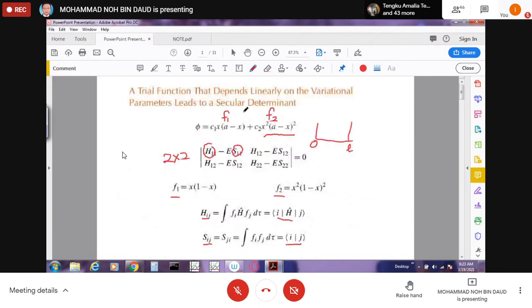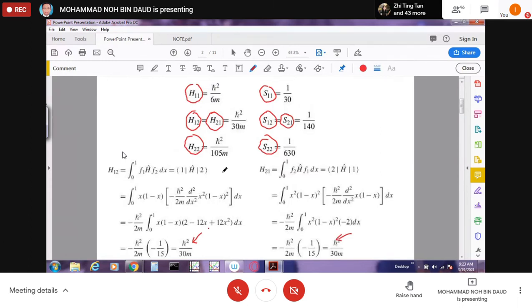There is no imaginary number in these basis functions. So when we operate with this Hamiltonian operator, containing the kinetic energy operator, on this basis function and then multiply with F2, or act on this basis function and then multiply with F1, we will get the same value.